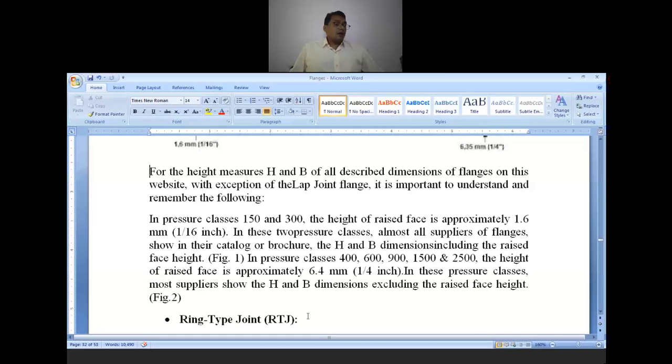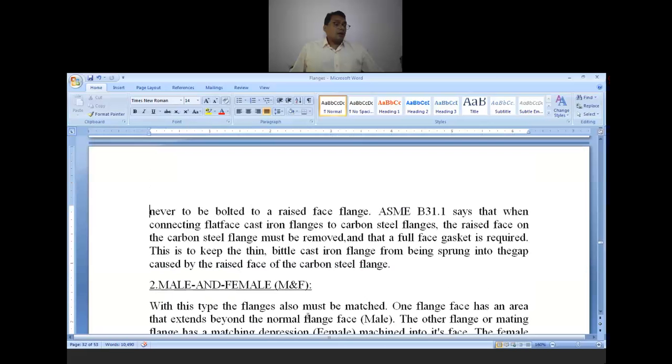Generally, it's a pressure class of 150, 300. That means it is up to 15 kgs per centimeter square, 30 kgs per centimeter square. Pressure classes of 400, 600, 900, 1500. Again, all these depend on the pressure applications.